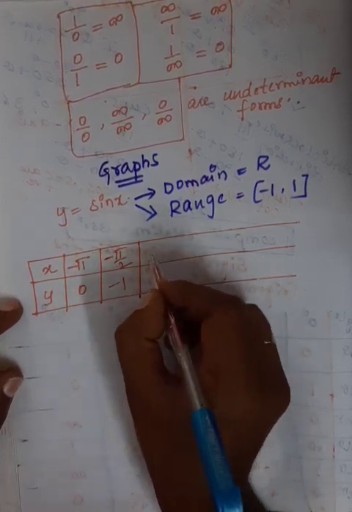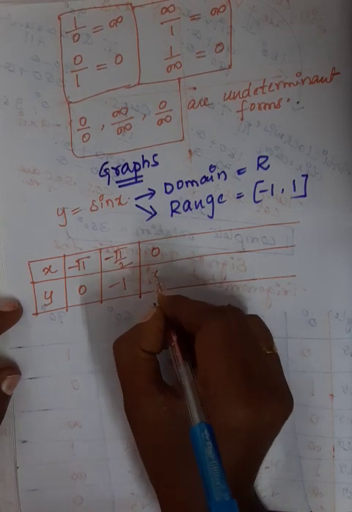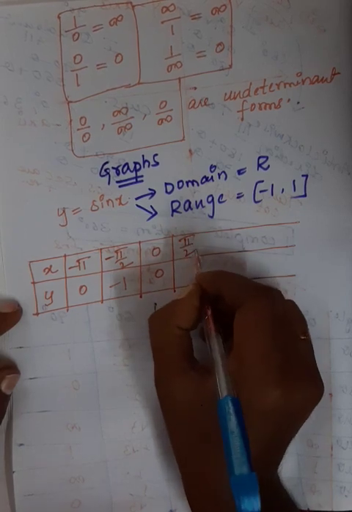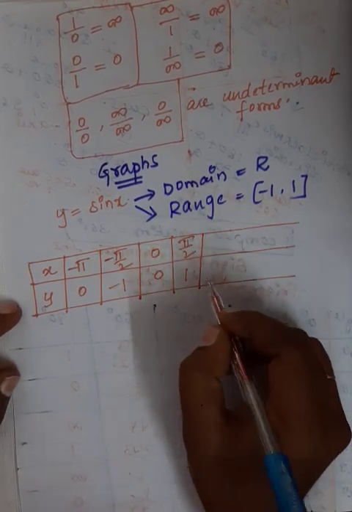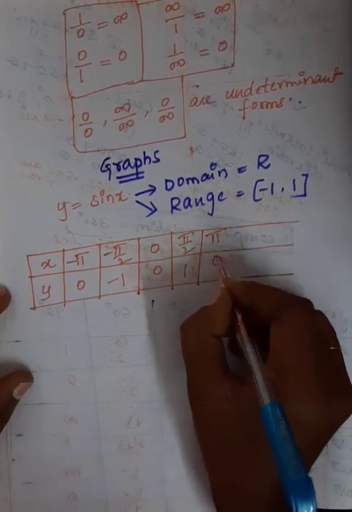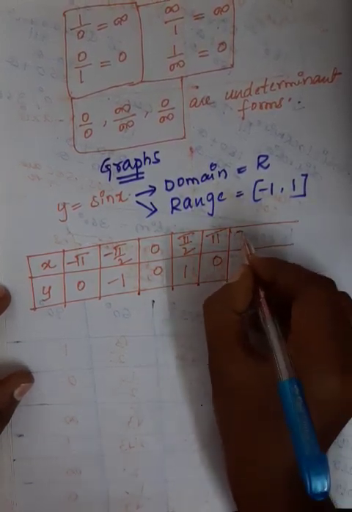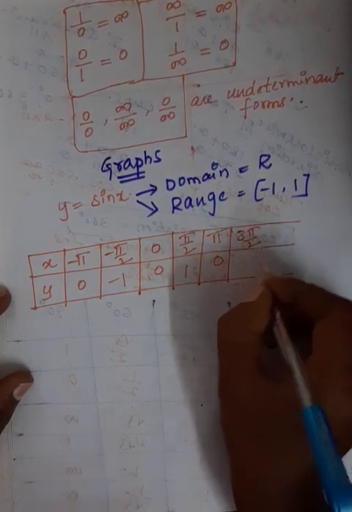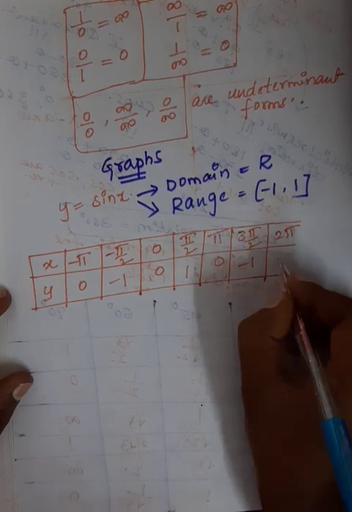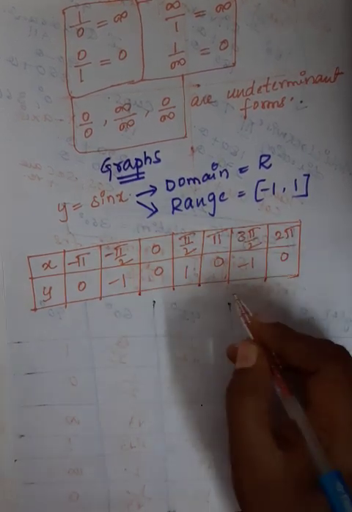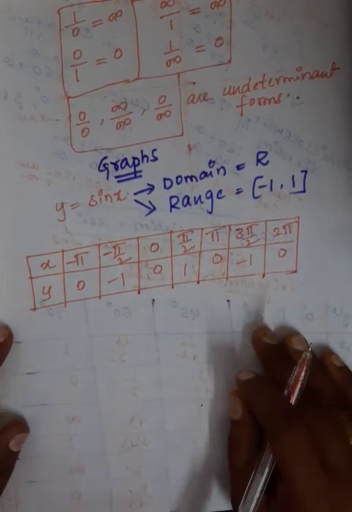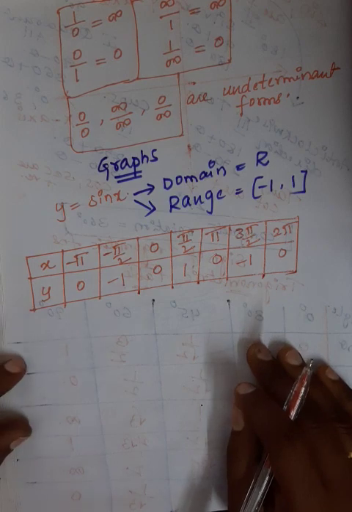If you put 0, then sin 0 is 0. If you put pi by 2, sin 90 is +1. Pi by 2 means 90 degrees. If you put pi, 180 degrees, you will get 0. If you put 3 pi by 2, you will get -1. If you put 2 pi, then you will get 0. So like this you have to take one table containing some values for sin x.